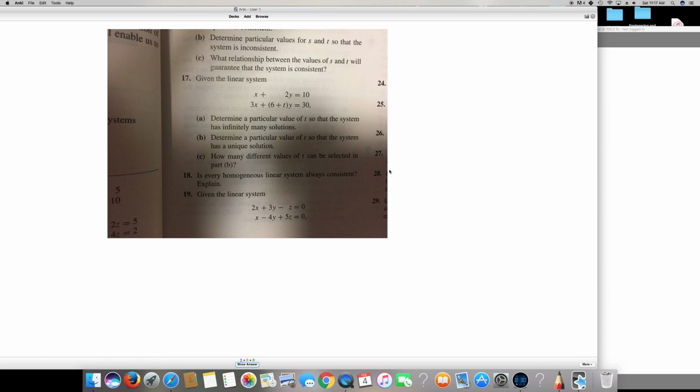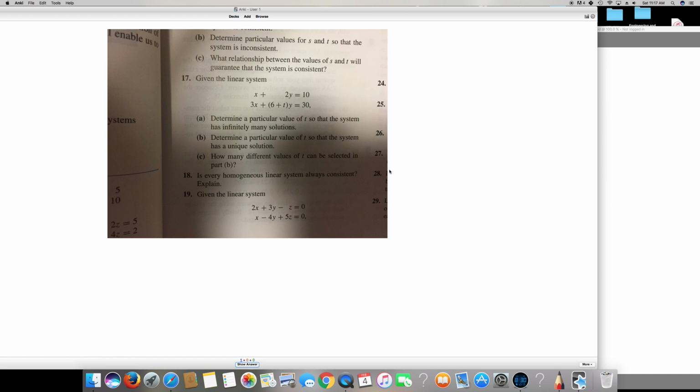So unique solution means whatever value except 0 is going to give you a unique solution, because if t is 0, it's going to be infinitely many solutions. In case you can take 5, you can take 1, you can take 2.